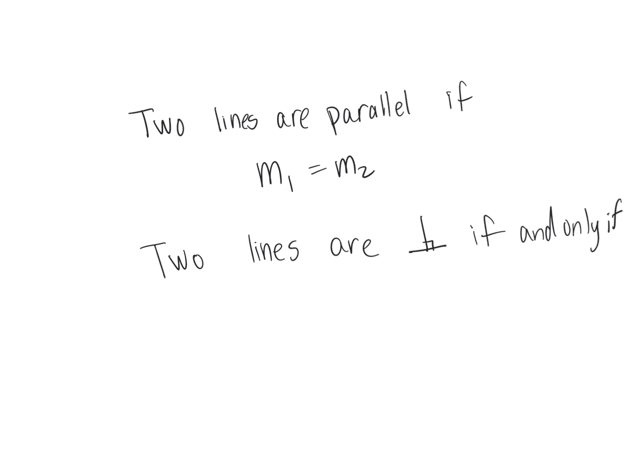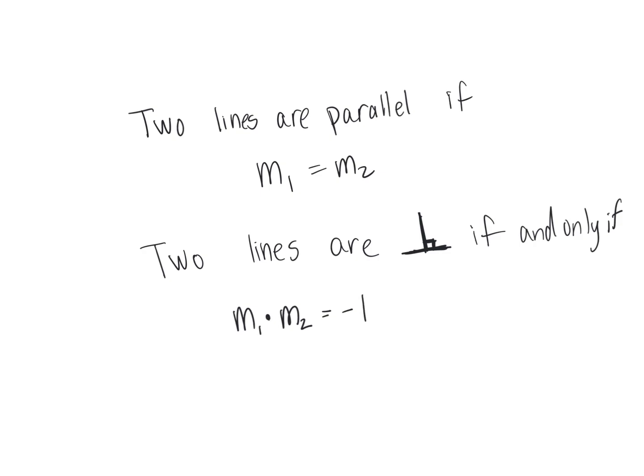If and only if means it works both ways. This upside down T is the symbol that we use for perpendicular. Right? So that's a perpendicular symbol. If and only if M1 times M2 equals -1.